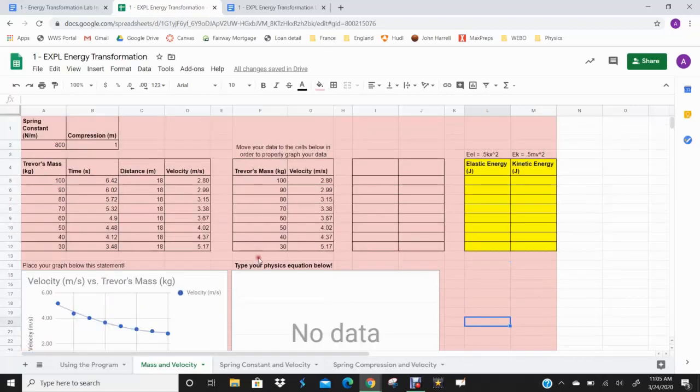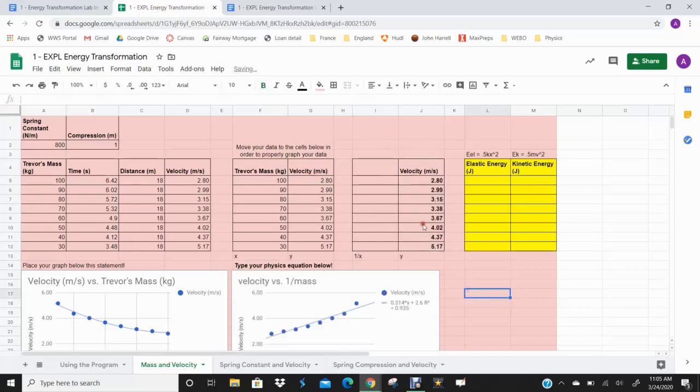So if this is x and this is y, then this needs to be 1 over x, and this will stay y. So we're just copying the velocity column down here. These should all be the same numbers. So this column and this column are the same. We're not changing the y-axis.